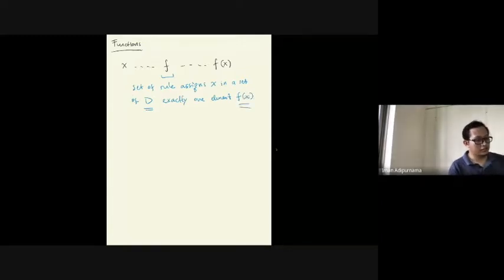So each x in the domain will have exactly one element. We can also write this in math notation: we have x and fx, so that x is an element of the domain.